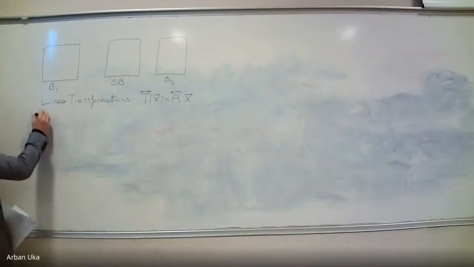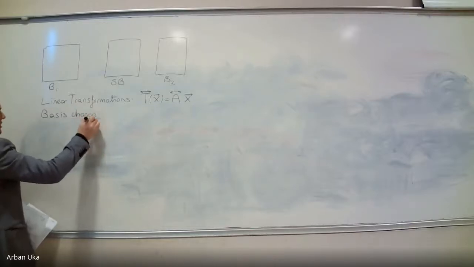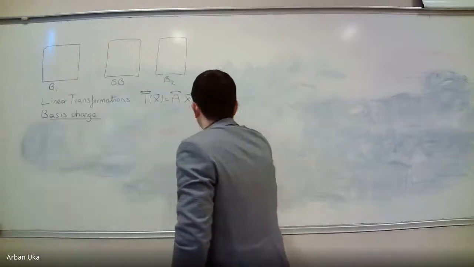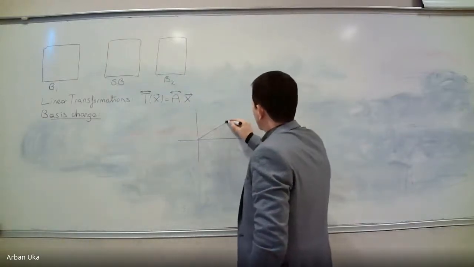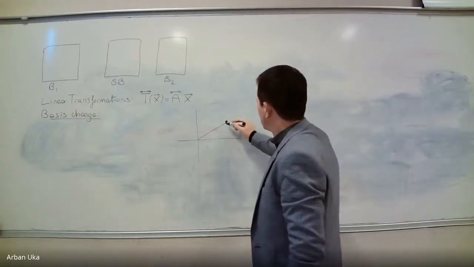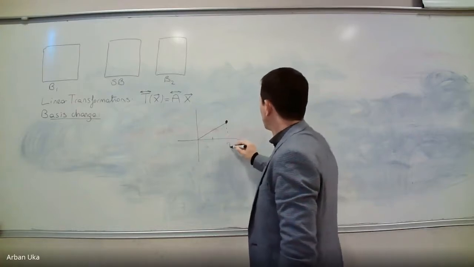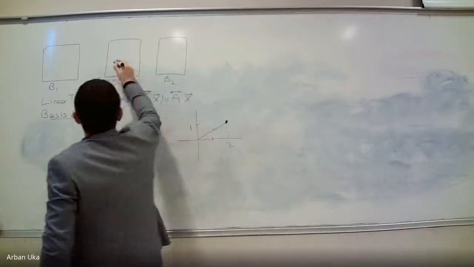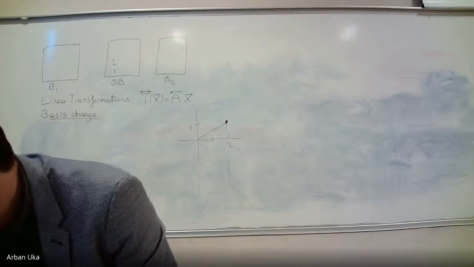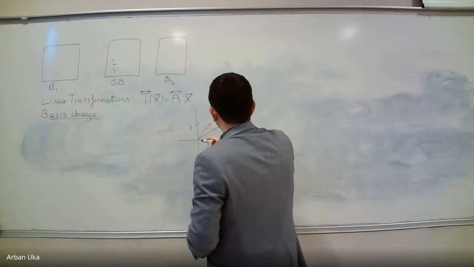Now, the relationship with the change of basis. What was the basis change? The basis change is just the representation of a single fixed point. Imagine you have a single point here, and we want to find how it projects on the standard basis. Assume this is 2, 1 in the standard basis. Then how does this point project onto a different basis, which would be something like this?